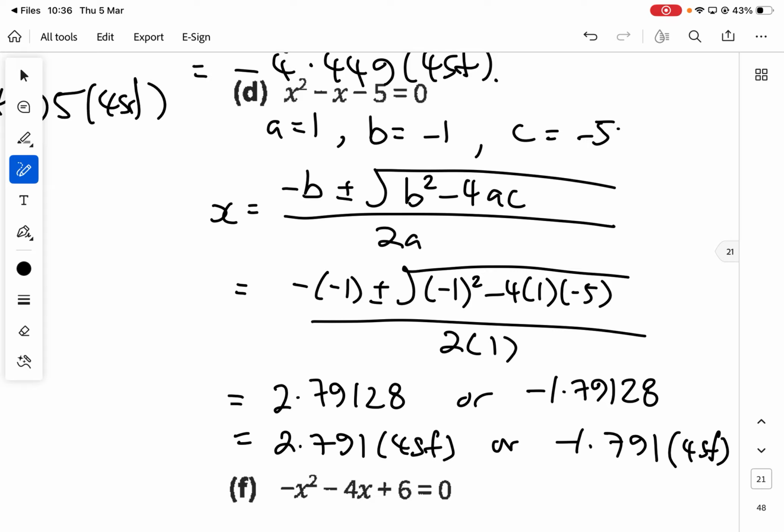Press the fraction first. Then copy exactly. Where is the square root? Then bracket. Then square. Just key plus.